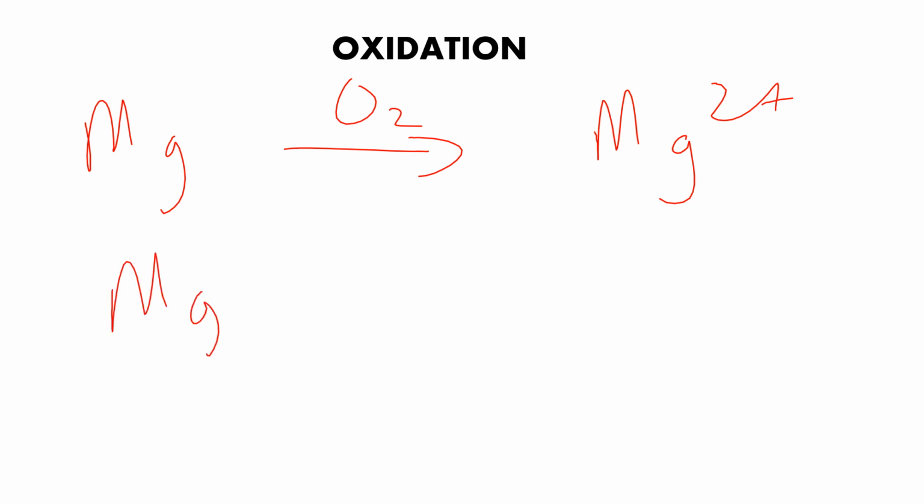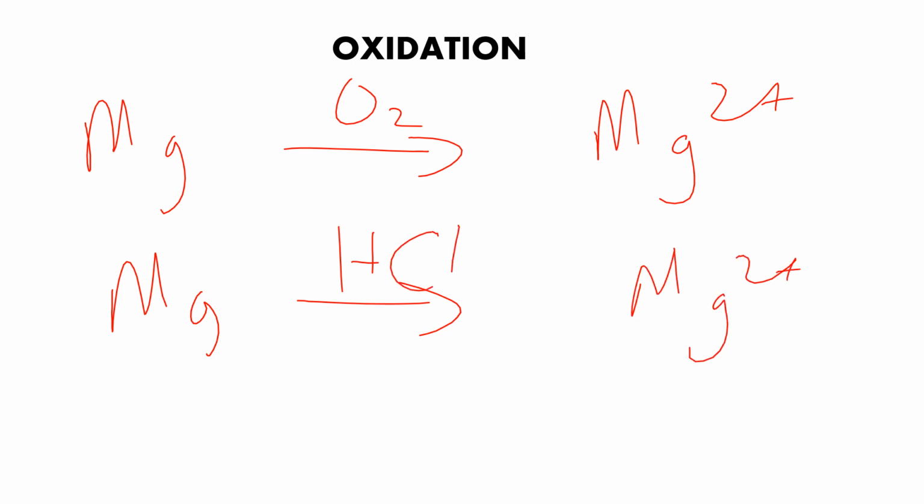Magnesium with hydrochloric acid forms magnesium ions, plus 2. So in both cases, the magnesium has gone from the elemental form with no charge, neutral element, to positive ions. The magnesium has gone up in its charge to form a cation.